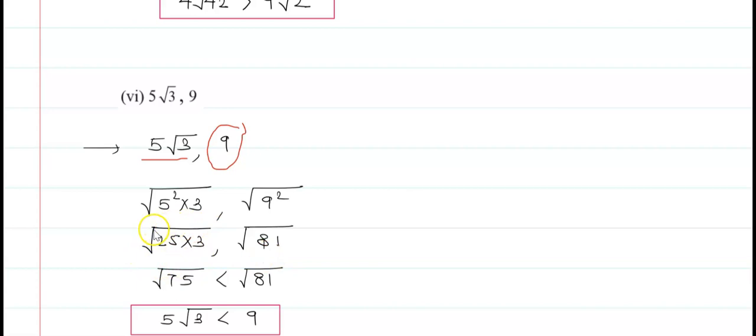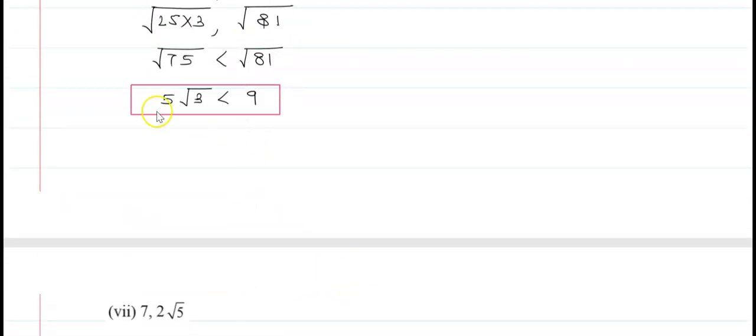Therefore here is root of 25 into 3, which is 75, and here is root of 81. Root of 81 is the greater one. Therefore root of 75 is less than root of 81. And root of 81 is for 9. Therefore 5 root 3 is less than 9. In this way we have compared these two surds.